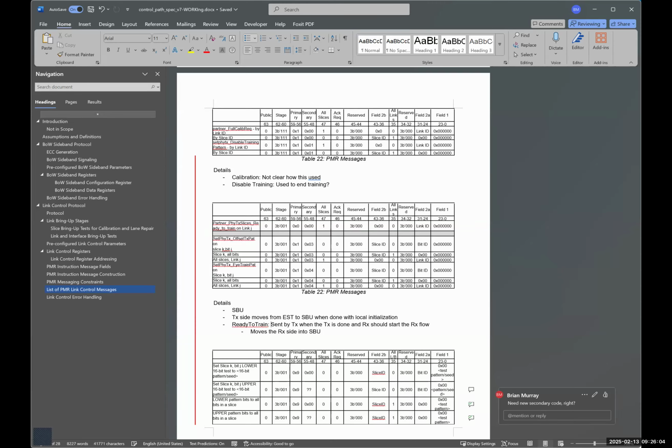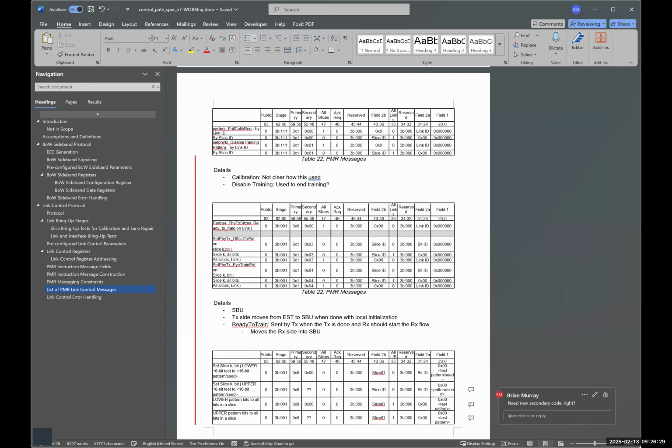Because there's no requirement of steady state on both sides to move from EST to SBU, because it's just power on. But the receive side moves into SBU once it gets a ready to train from the TX side.